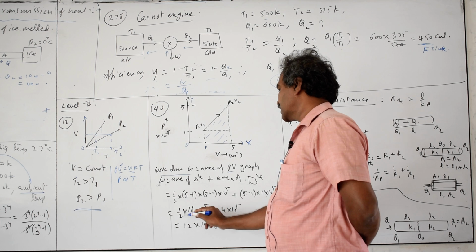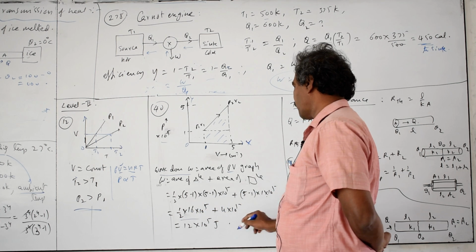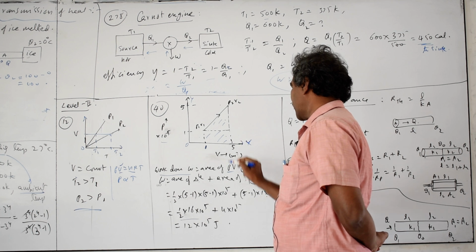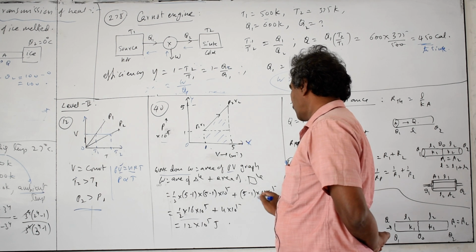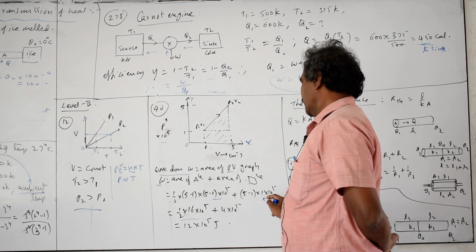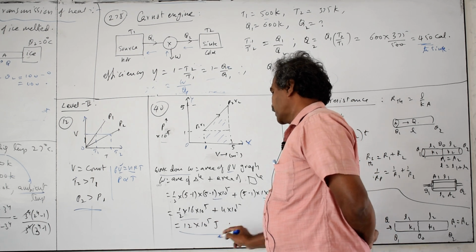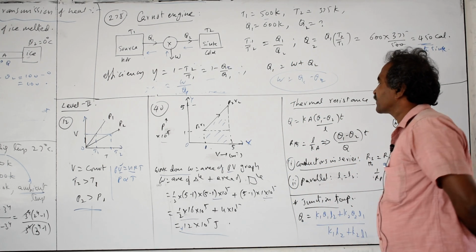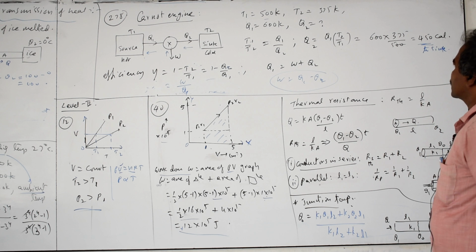The result is 16 by 2 into 10 to the power of 5. The rectangle area is base into breadth, 5 minus 1 into 1 into 10 to the power of 5. The result is 12 into 10 to the power of 5 joules, positive only. If the arrow mark is reversed, take it as negative work.